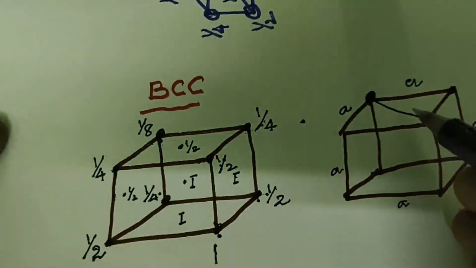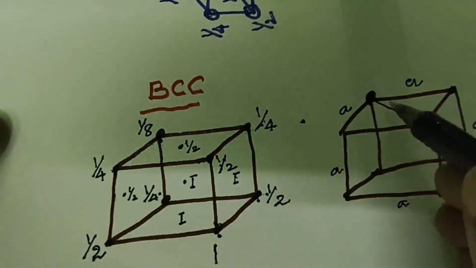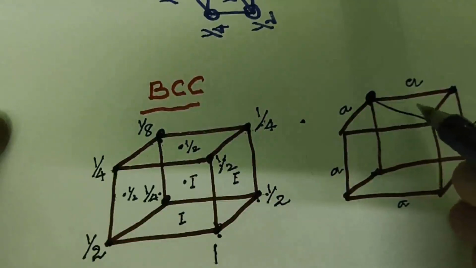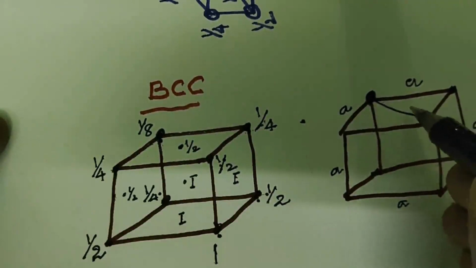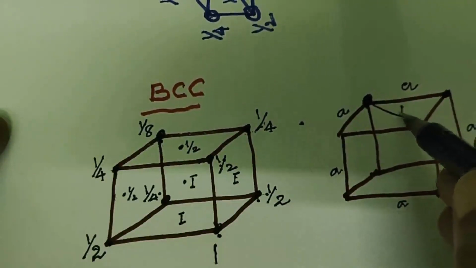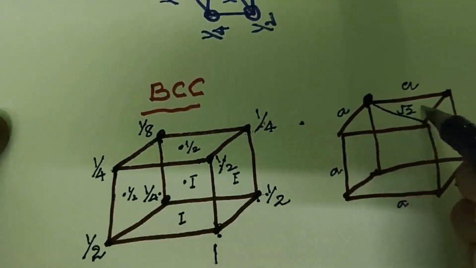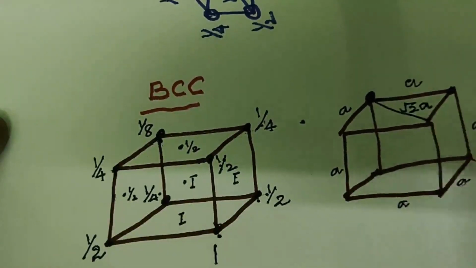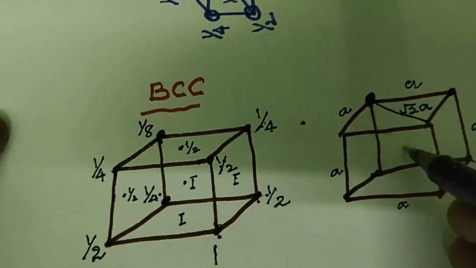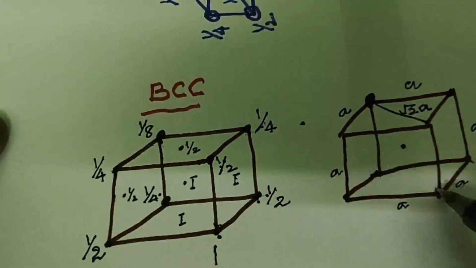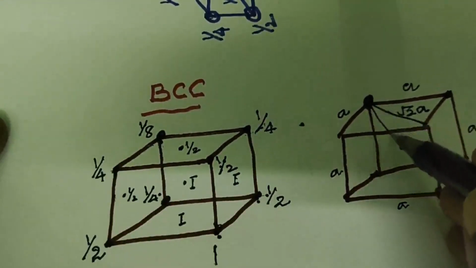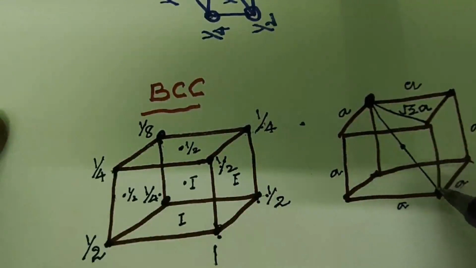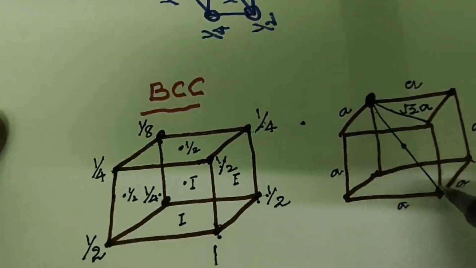This face diagonal value, I already posted a video on how to calculate the radius and packing efficiency, is root 2 a. The face diagonal value is root 2 a. This is the body diagonal, total value root 3 a.